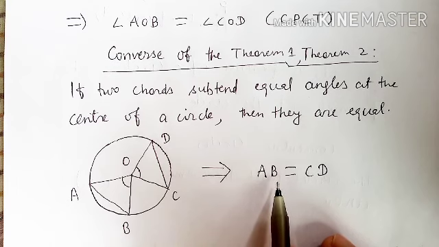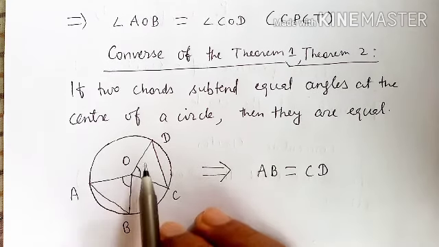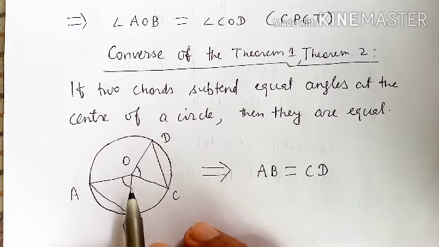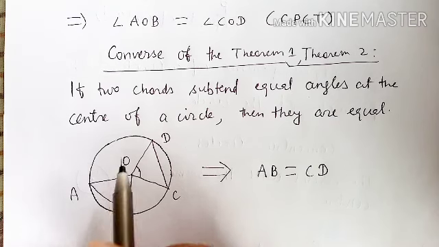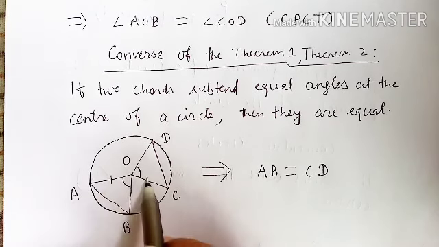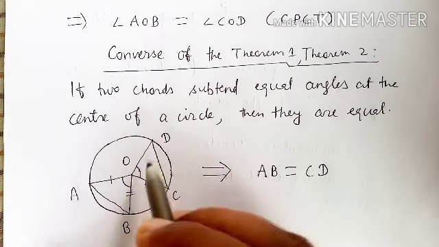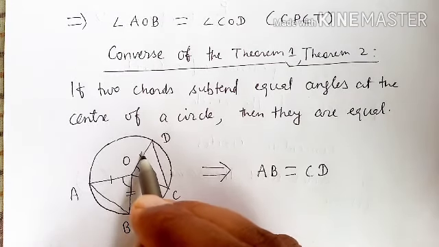You can say that we should apply the congruence rule here. So in triangle AOB and triangle COD, AO is equal to CO, BO is equal to DO.